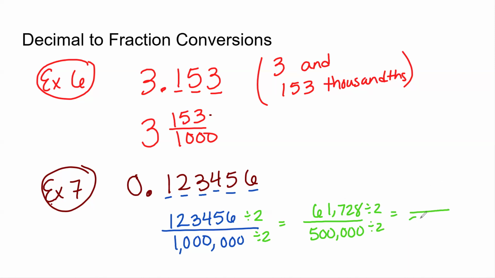I know the bottom is 250,000. Oh my gosh, this is still even. 30,864. Divide again. Oh my gosh, still even. Okay, you would just keep reducing, keep reducing. I'm going to just use the calculator and get it down to where it needs to go.